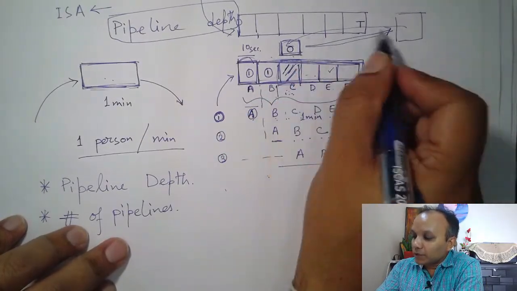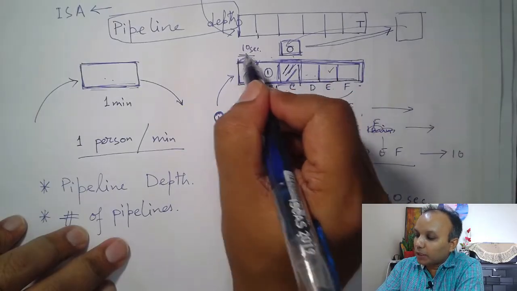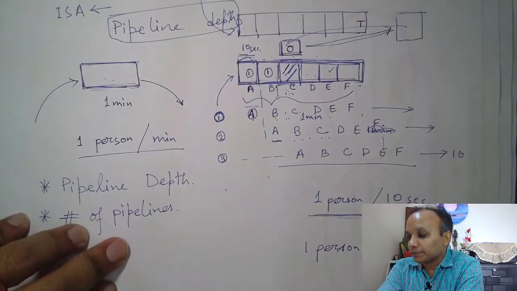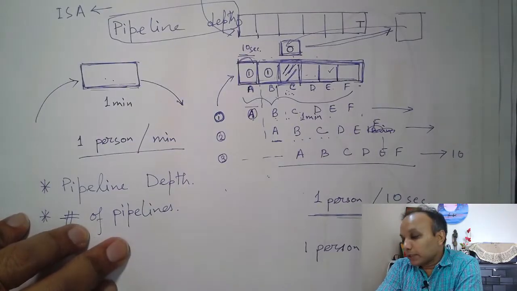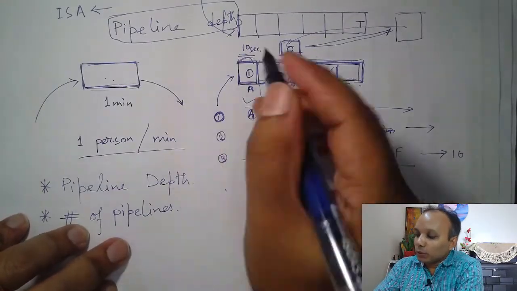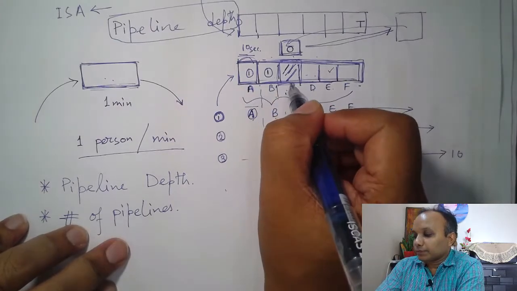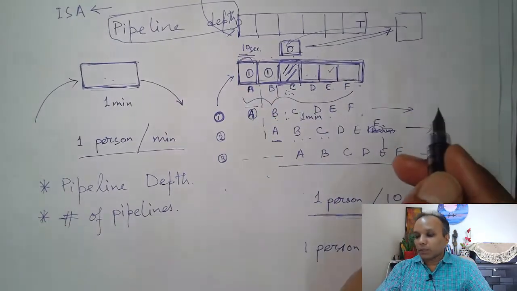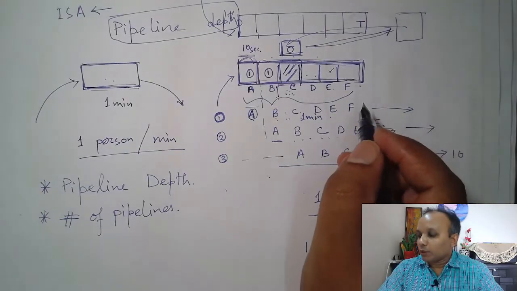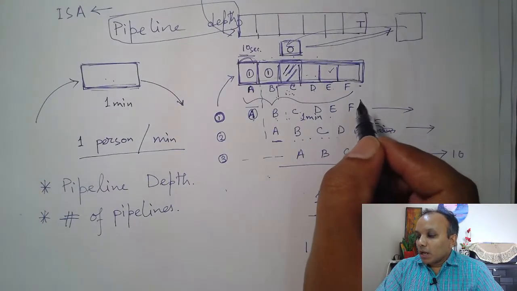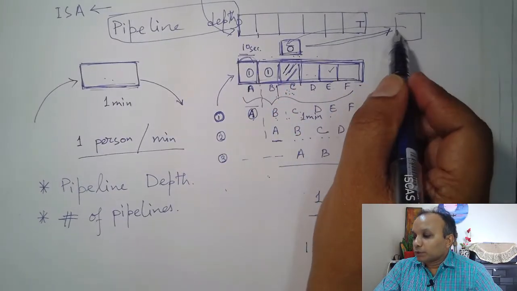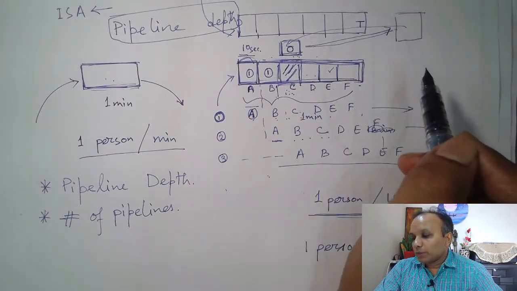So if this stage takes 15 seconds, every stage will be slowed down to 15 seconds. The other option can be, let us say you divide this stage into two stages. Either way you are compromising with your performance.